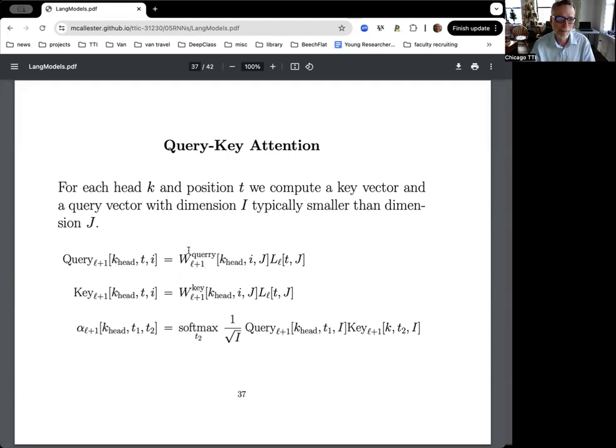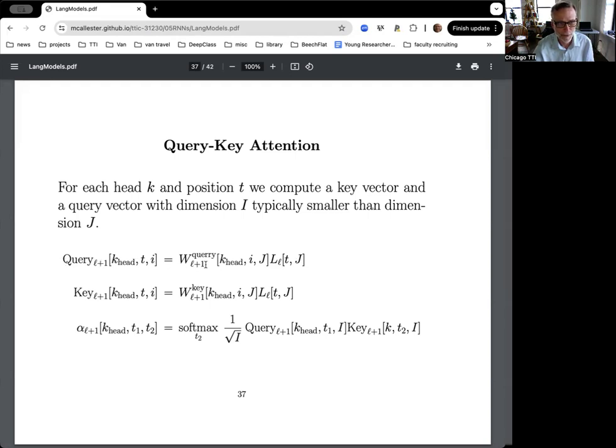And that vector of neuron values is computed by applying a certain matrix, a query matrix, to the vector at that position. So I've got a position that I want to compute a self-attention on. I take the query matrix and I apply it to the vector, and that gives me a vector called the query.